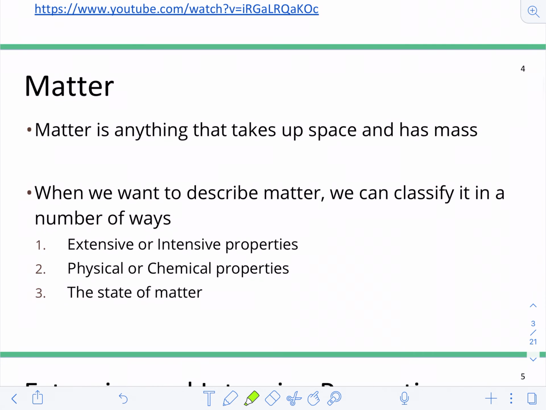Like you've probably learned in middle school, and again in physical science, and now in chemistry, matter is anything that takes up space and has mass. A lot of times I'll ask my students, do you think that air would be considered matter? Yes, it is. It does take up space.